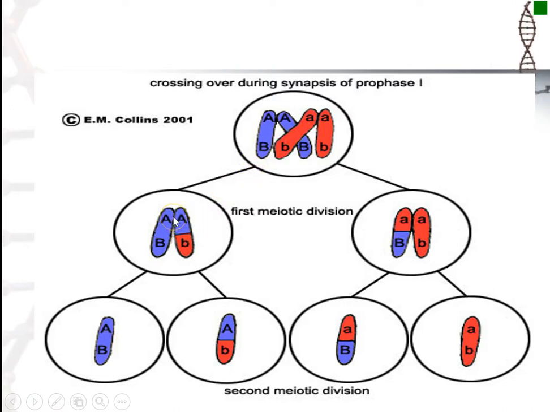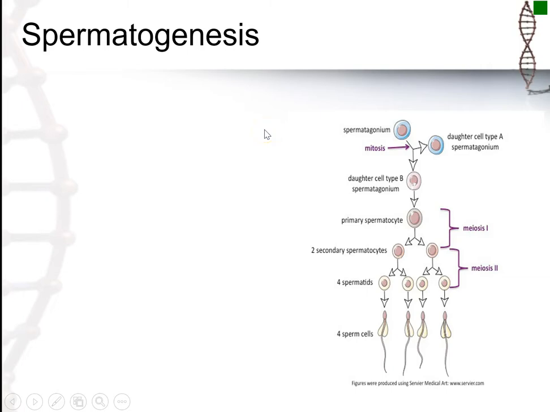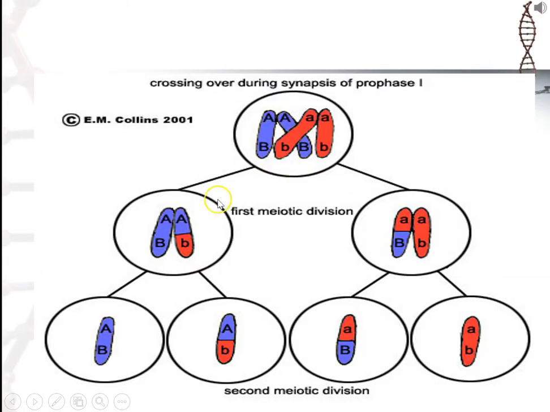So instead of there only being big A, big B, or a, little b, there could also be big A, little b, or a, big B. The further these are from each other on the chromosome, the more likely these possibilities would occur. And this has to do with linkage. The closer these are together, the less likely you're going to end up with something like that.